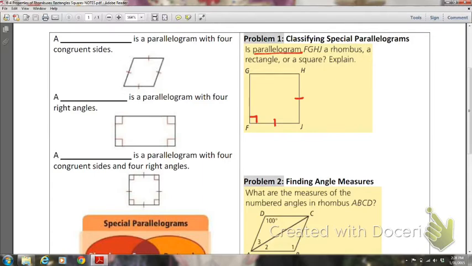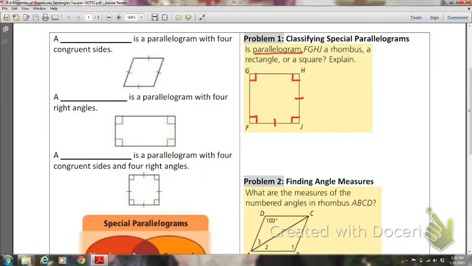So using the properties that we know for a parallelogram, we know that consecutive angles are supplementary. So that means if angle F is a right angle, then angle J has to be a right angle, and you can work your way around. If J is a right angle, H has to be a right angle, and if H is, then G is also. Okay?